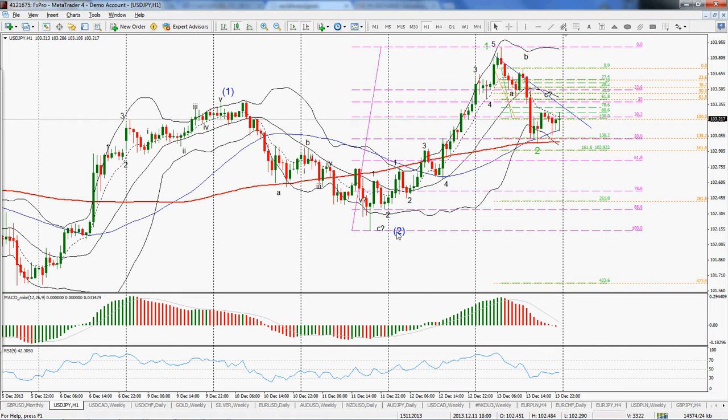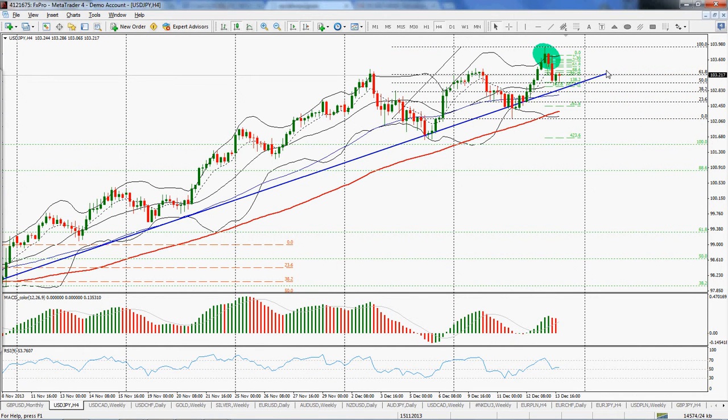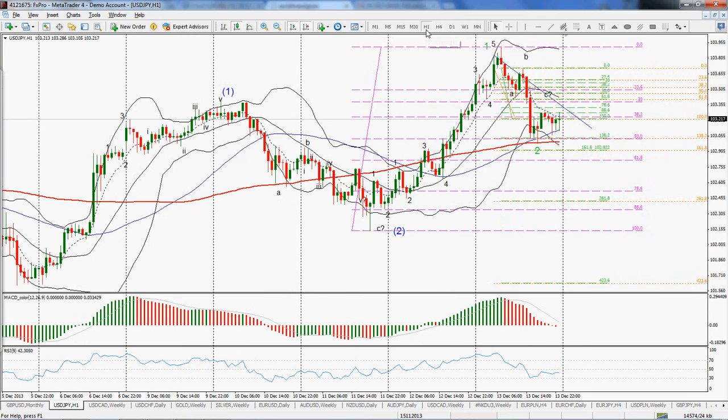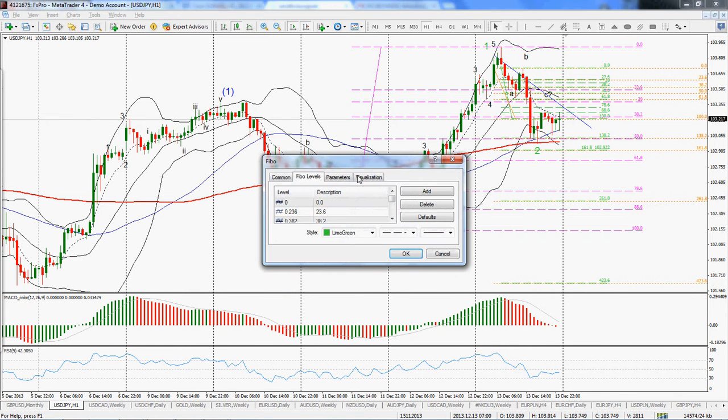If this low won't be broken by this downward move, it's most probably 1 and 2 and 3 to the upside. Okay, so it looks good. Actually, it looks good. So yeah, there could be a move to the upside ahead of us.